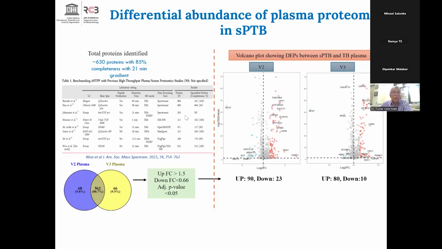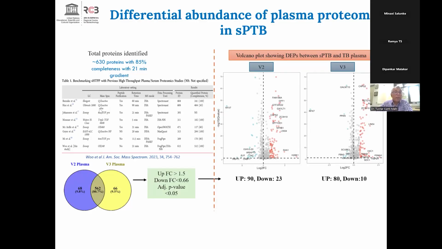What you can find is that the number of proteins reported in this particular paper was 664 using the Q Exactive system with 60-minute gradients. With approximately 100% completeness, the number is only 241.